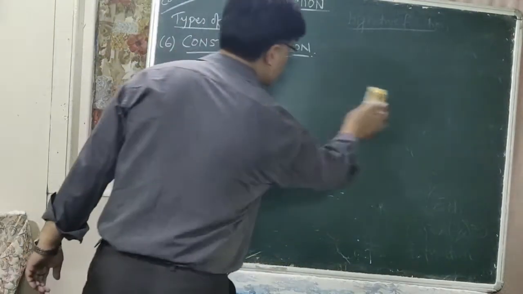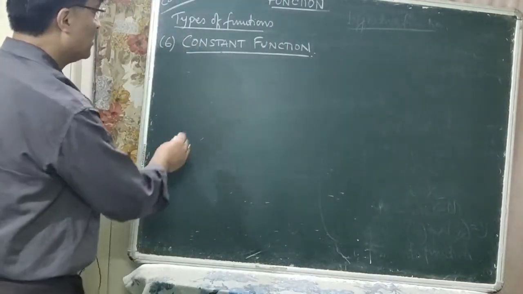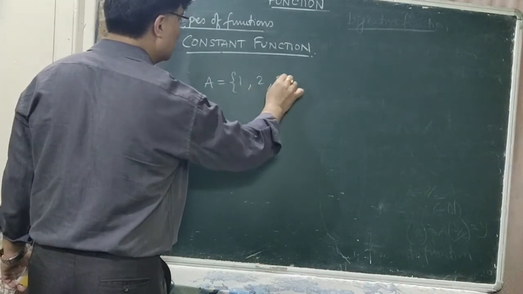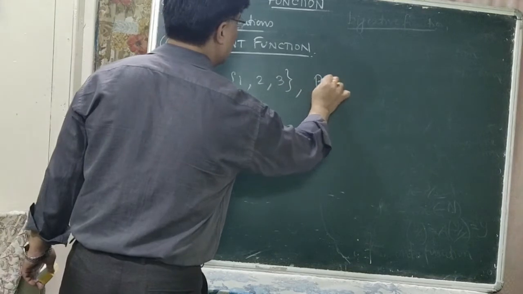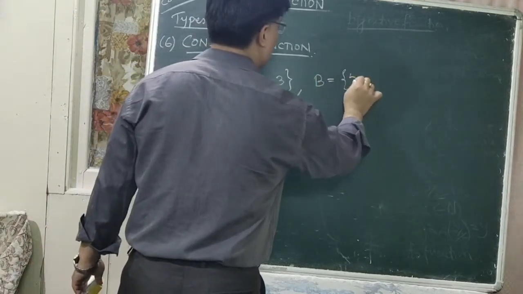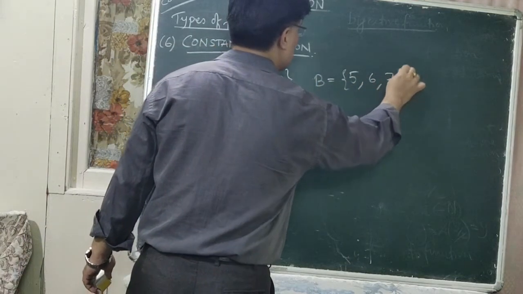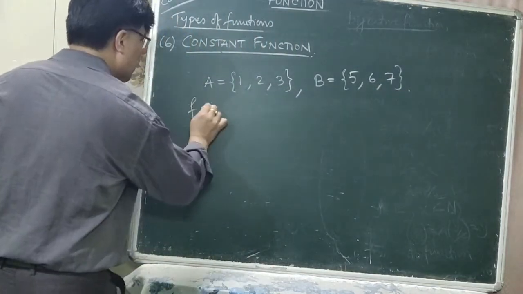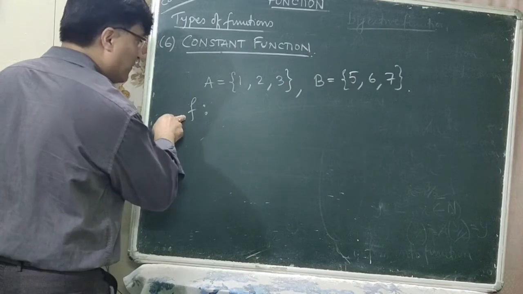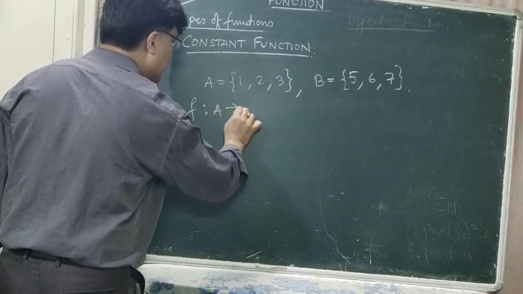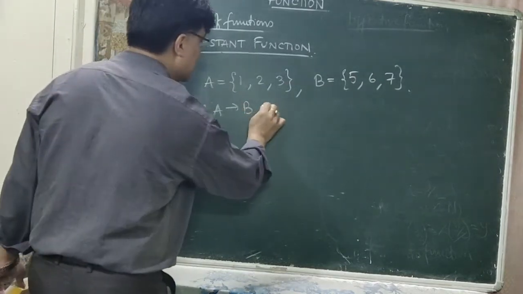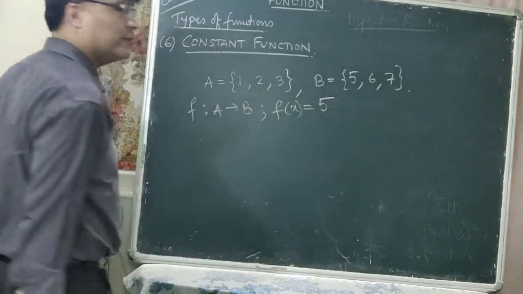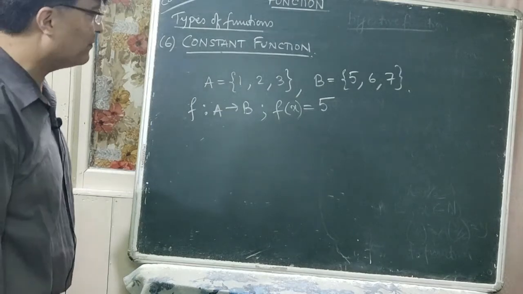Okay, suppose another example, suppose A is equal to {1, 2, 3} and B is equal to {5, 6, 7}, right? And a function f from A to B is defined as f of x is equal to 5.